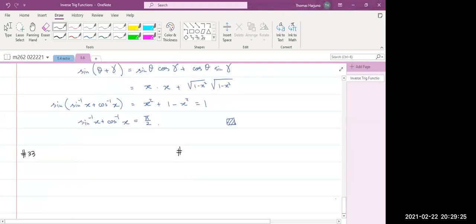Number 33, we have h of t equal to cotangent inverse of t plus cotangent inverse of 1 over t. Now then, the derivative of cotangent is the opposite of the derivative of tangent.